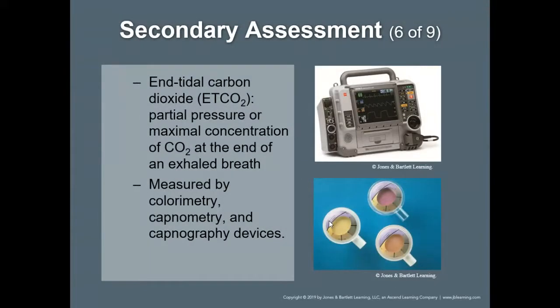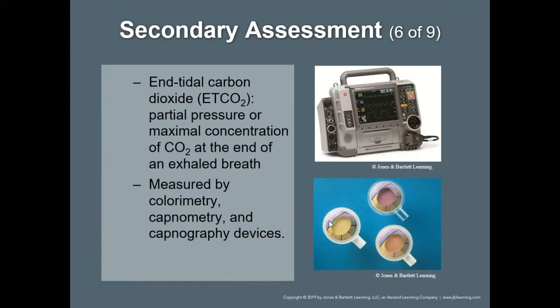The end-tidal CO2 is the partial pressure or maximal concentration of CO2 at the end of an exhaled breath, measured by colorimetry, capnometry, and capnography. Colorimetry means it is a color code. It uses a color code, and you attach it to the BVM.